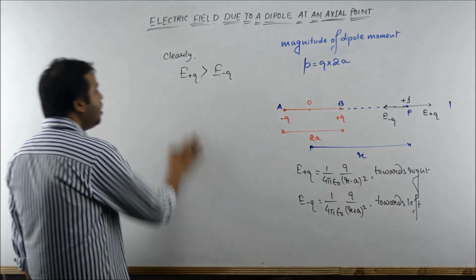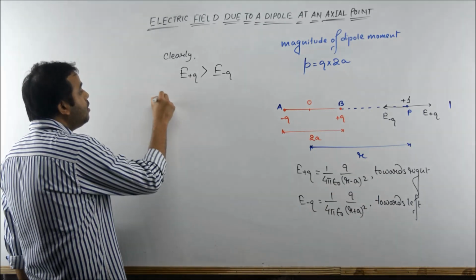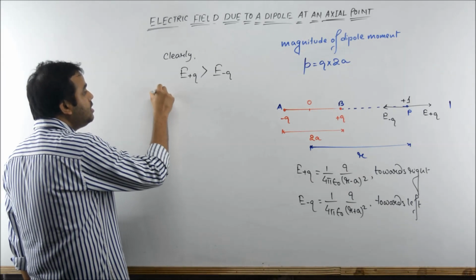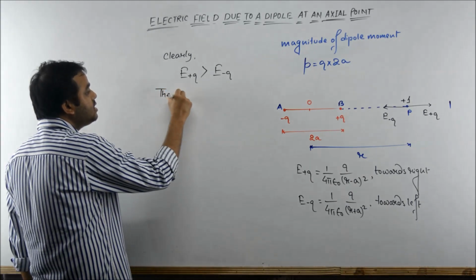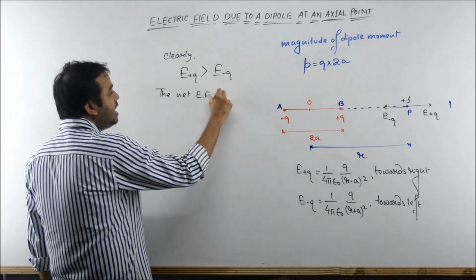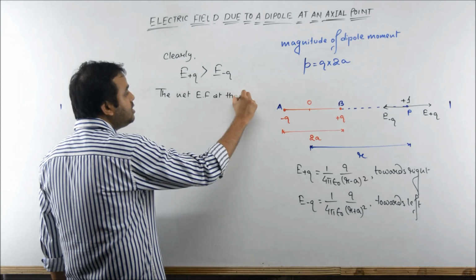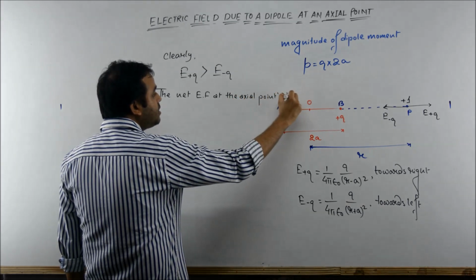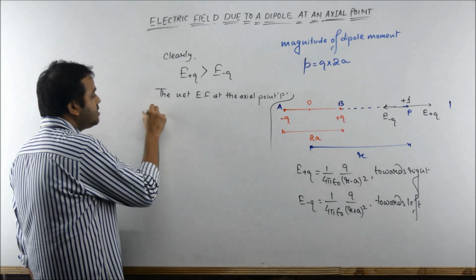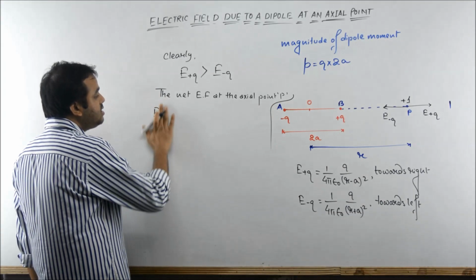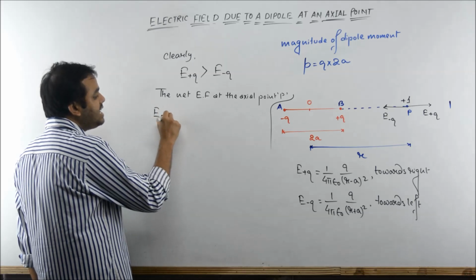Clear, students? Now, the net electric field at the axial point P, let us denote the net electric field by E axial.